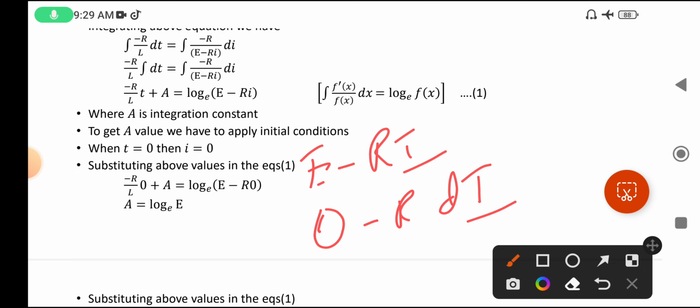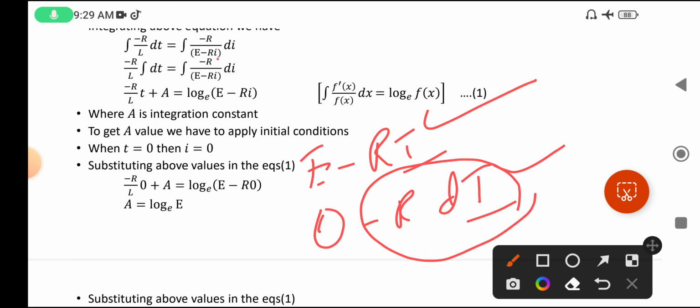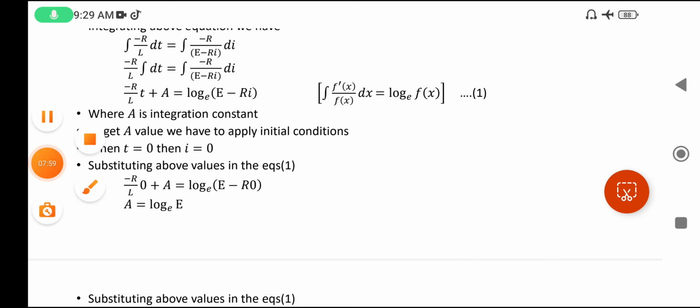So, when you integrate this, we get minus R di. This minus R di is present above, here minus R, here di. So, minus R into di is present above, so that means its differentiation is above, right.